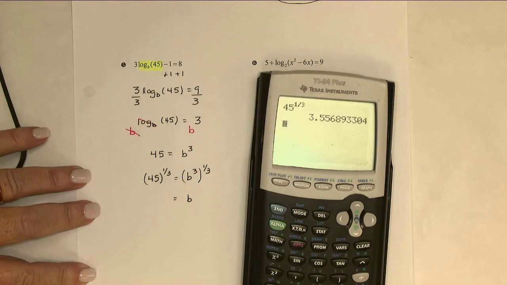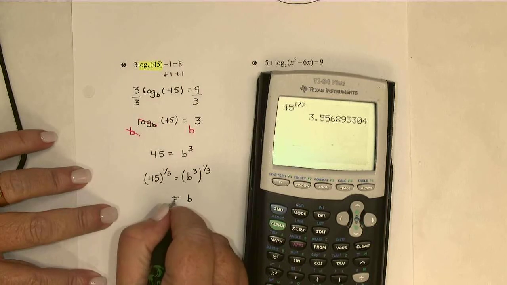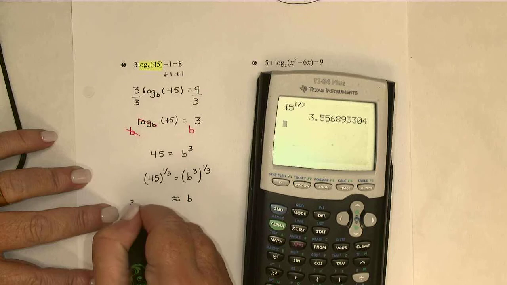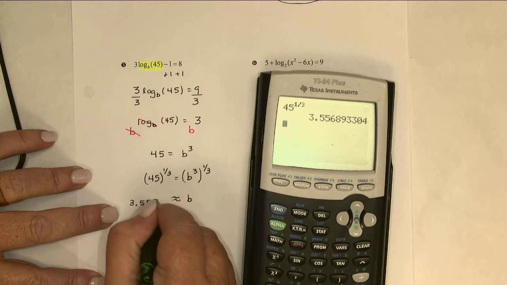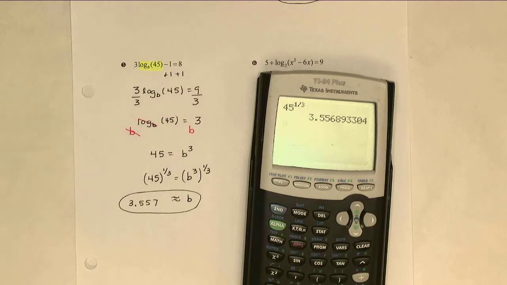And our base is approximately 3.557. It's an approximation, though. Bases have to be positive, and it did turn out positive, so I'm okay.